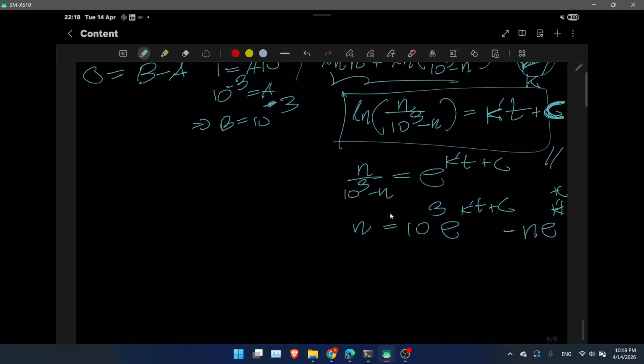If we bring this n to this side, n times (1 plus e to the (k dash t plus c)) is equal to 10 to the power 3 times e to the (k dash t plus c).